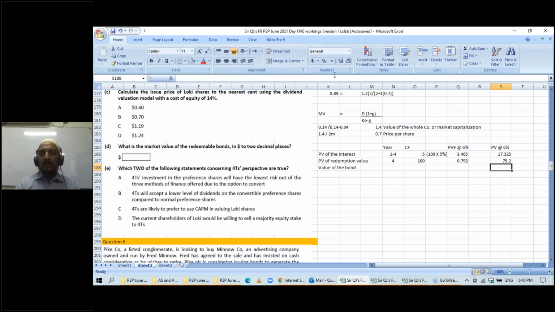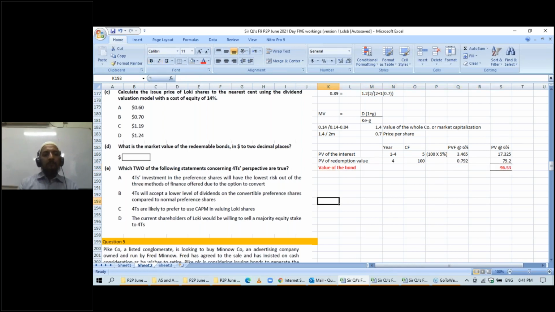You get the market value, which is 96.53, using the cash flow method.